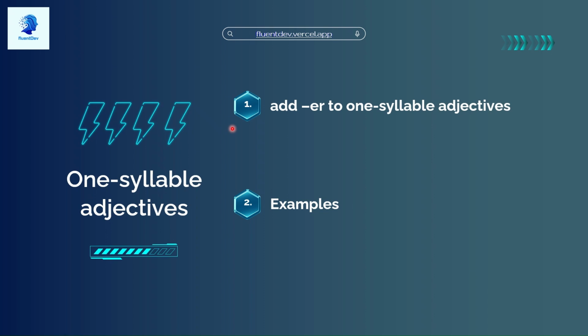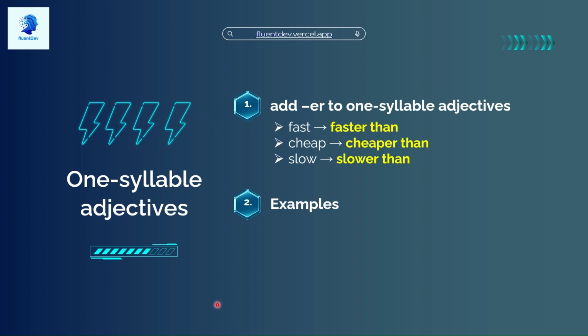Now, in some other languages, if you're trying to say it in your native language, it might sound like more than one syllable, but that is not the case in English. Fast is just one sound, one syllable. Let's take a look at some examples of adjectives that are one syllable, and then we just need to add ER when we're making comparatives. Fast becomes faster than.